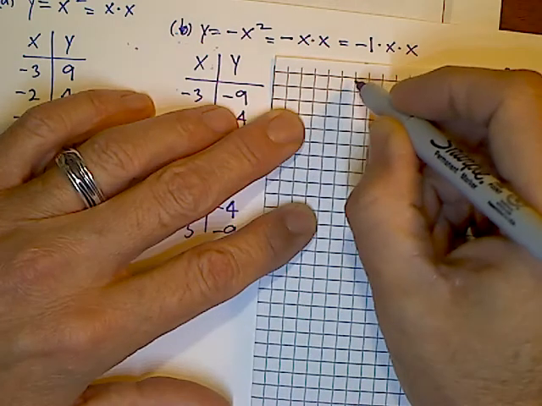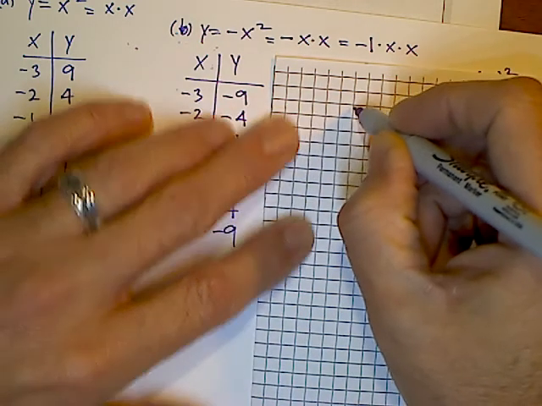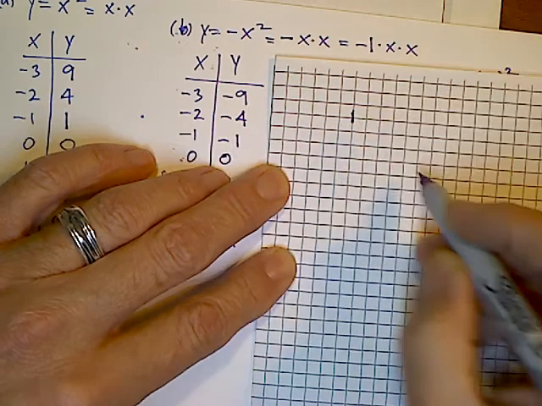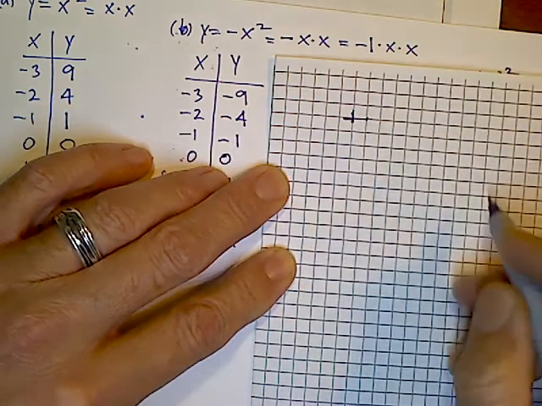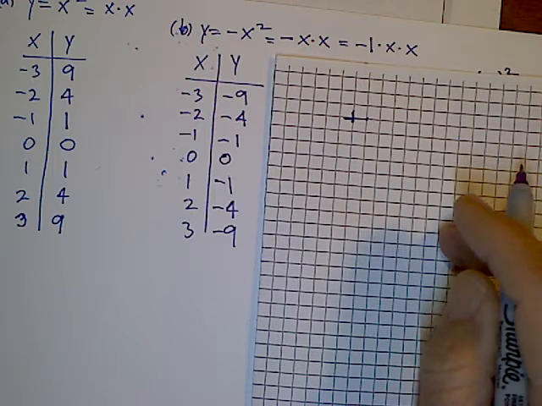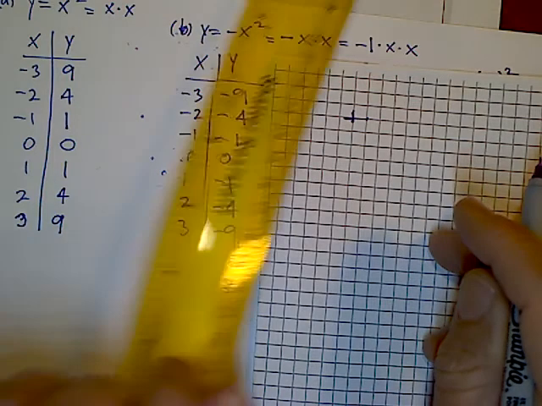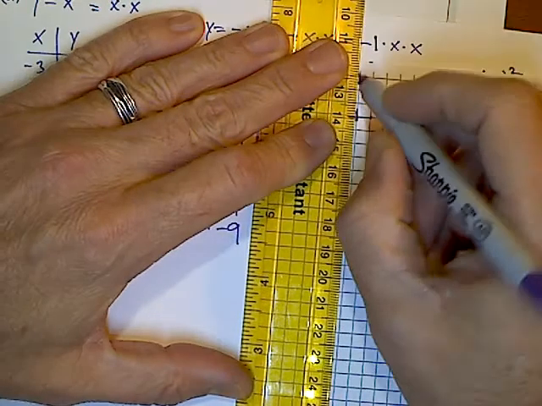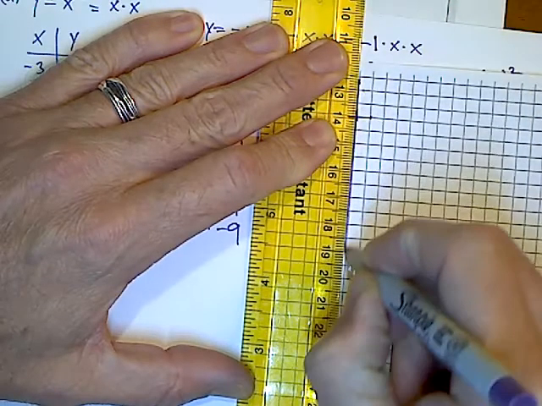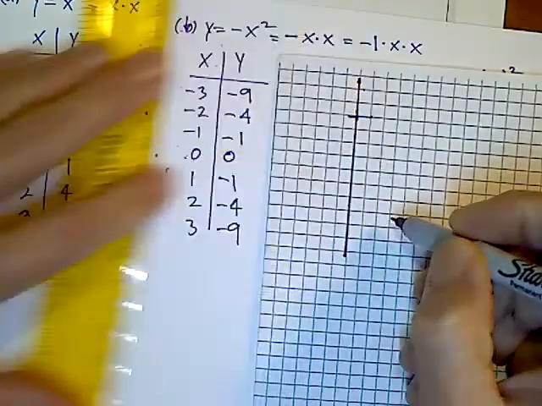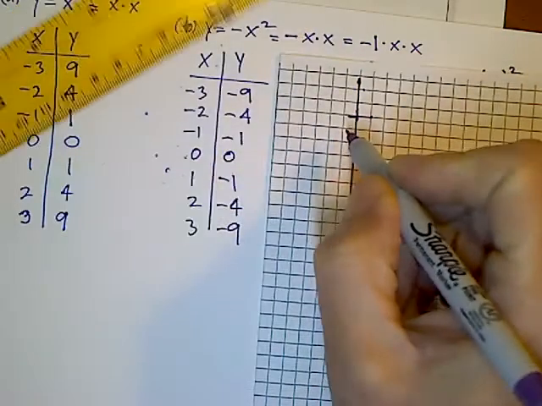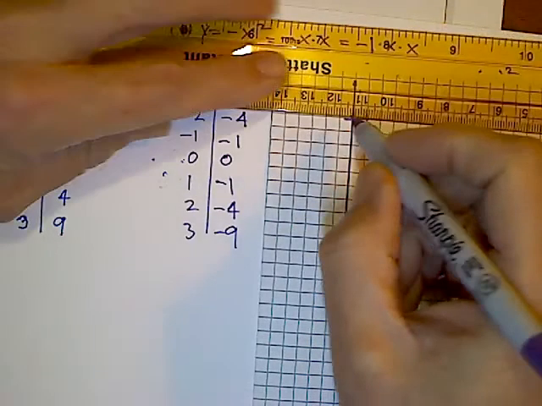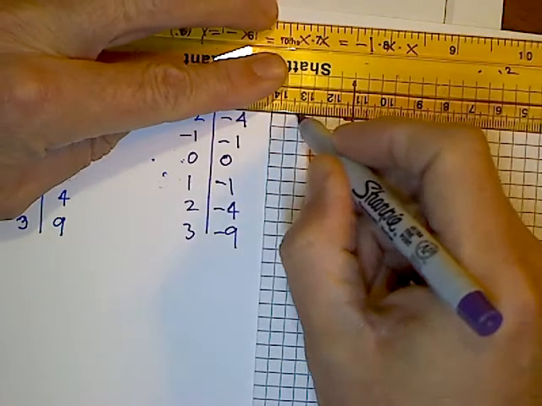So really my origin could sit way up here. I don't have any values in the positive, so I'm going to put my origin up a little higher, but I want to make sure that my y-axis goes down at least to -9. And then my x-axis is from -3 to 3.